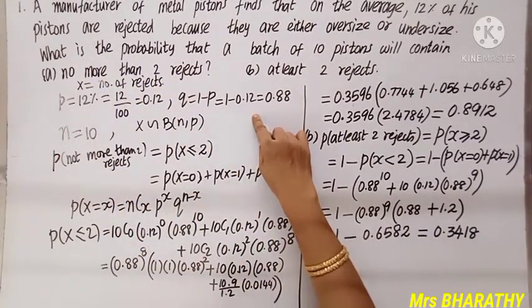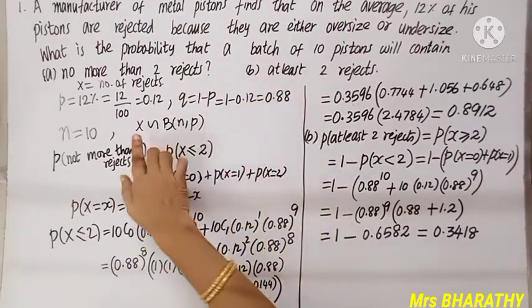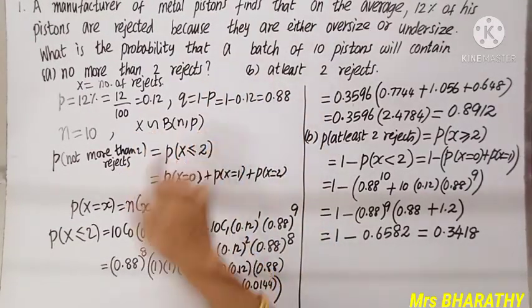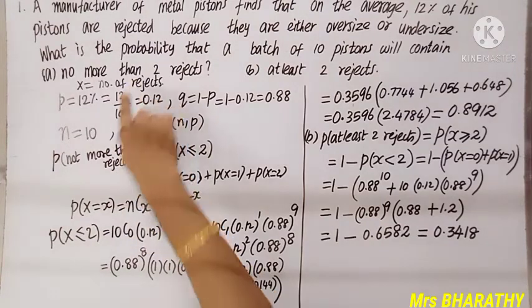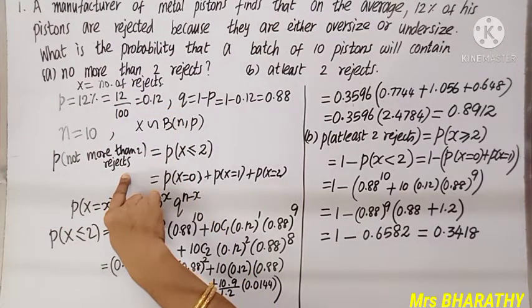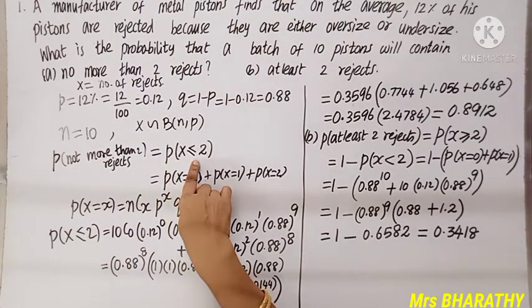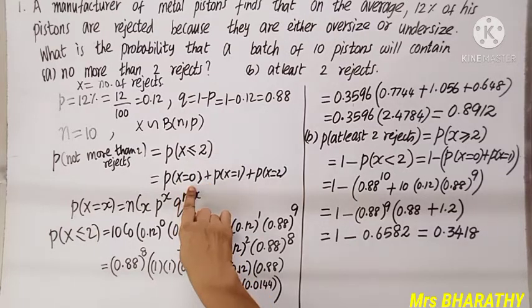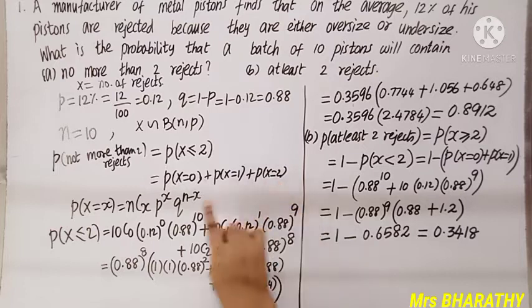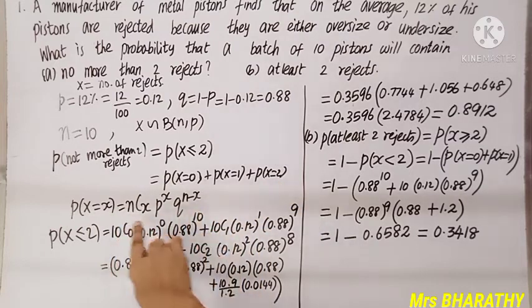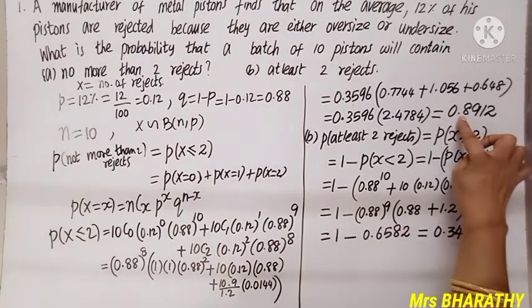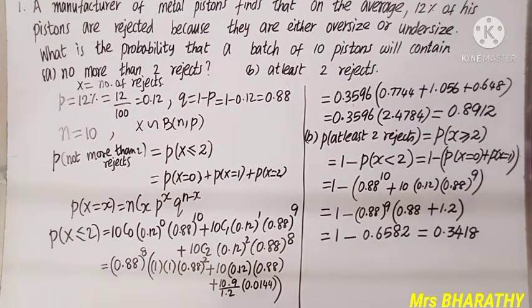As we know, some are rejected. It is binomial with parameters n and p. Not more than 2 tells me the rejects are less than or equal to 2, that is x taking the value 0, 1, 2. As I substitute in the binomial distribution formula and simplify, we arrive at 0.8912.